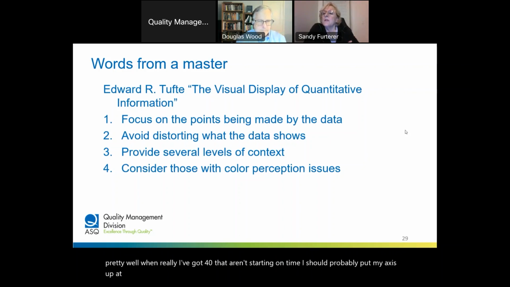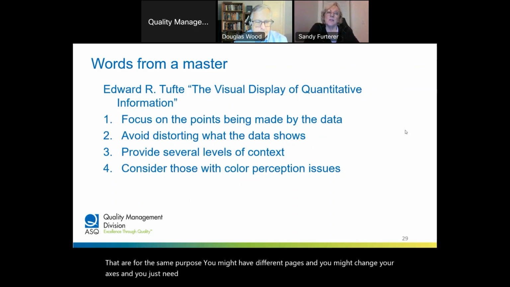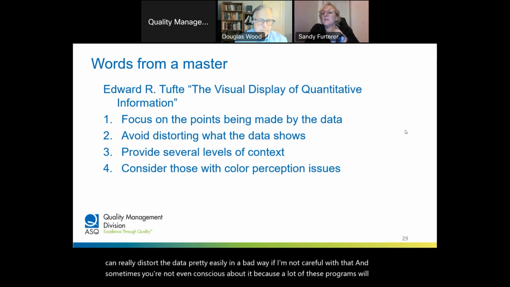So you just got to be really careful across graphs that are for the same purpose. You might have different pages and you might change your axes, and you just need to be careful. That's where I see that I can really distort the data pretty easily in a bad way if I'm not careful. Sometimes you're not even conscious about it because a lot of these programs will automatically select based on the data.